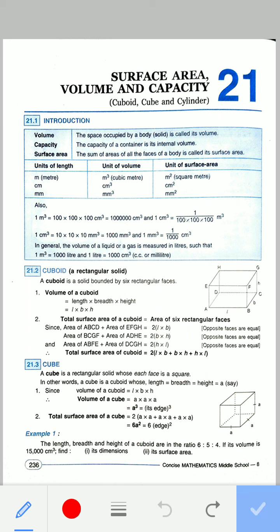After watching this video, write in your copy: volume equals L into B into H for a cuboid, and total surface area of a cuboid equals 2 into L into B plus B into H plus H into L. And in case of a cube, what is the volume? A cube or side cube. And what is the total surface area? 6 into a square.